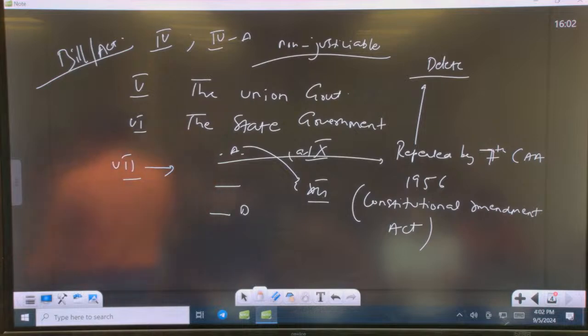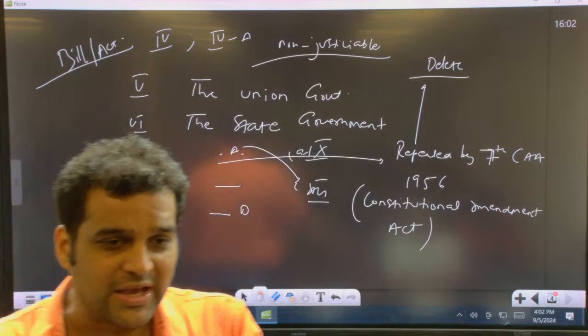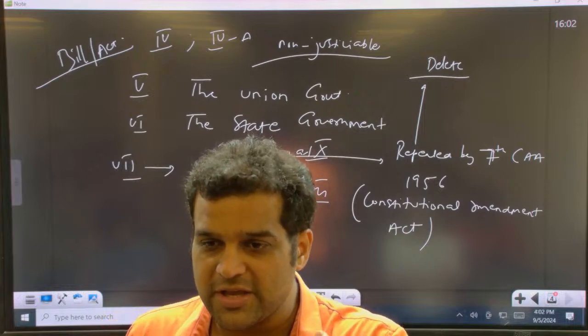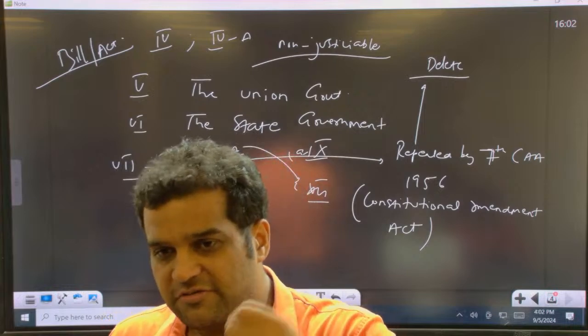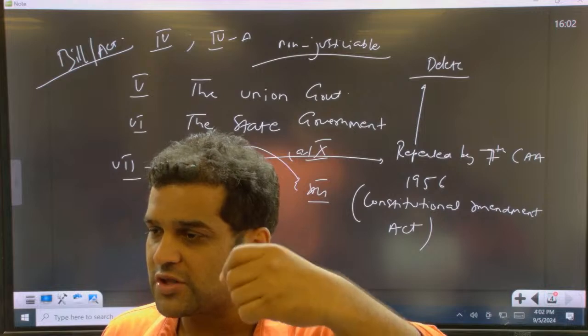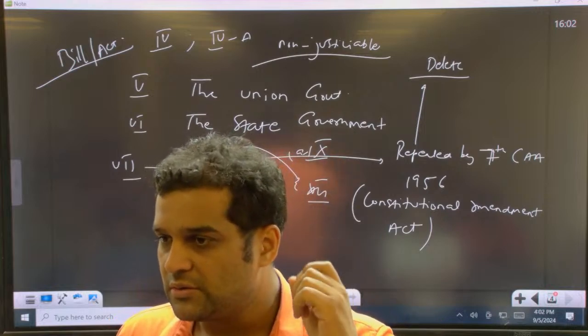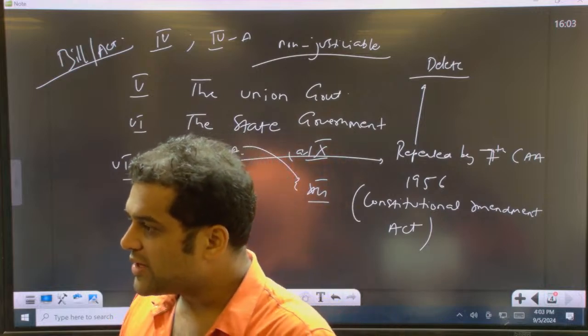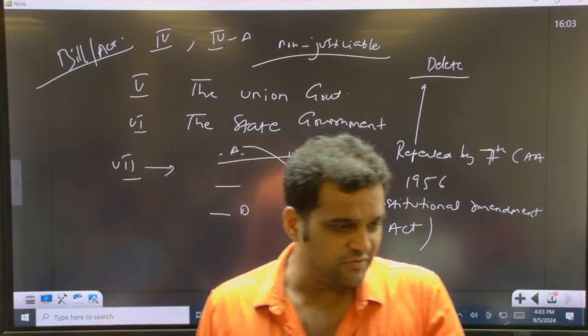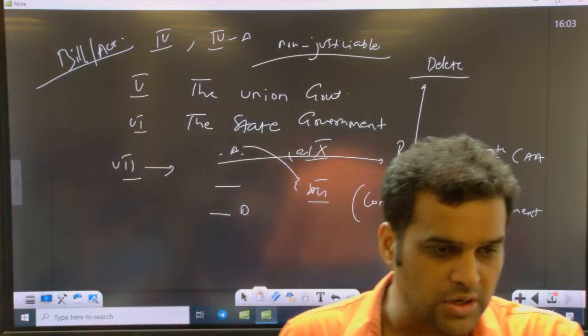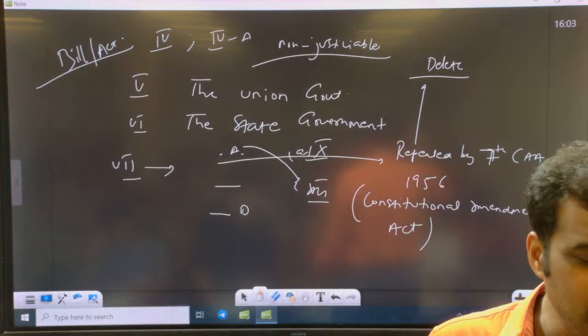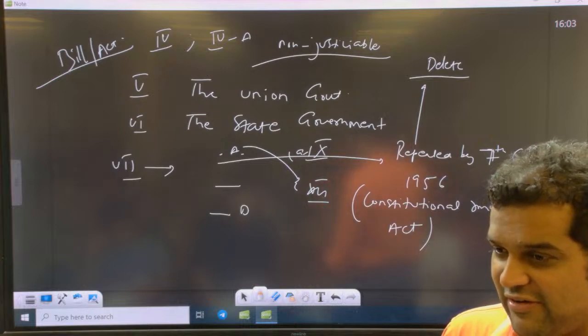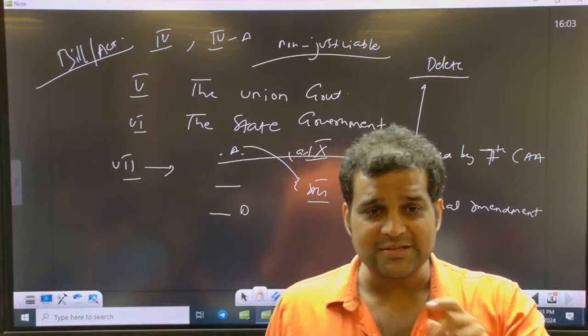Let me give you an example. What is the minimum age required if a person wishes to contest the elections for the post of president? It is 35.